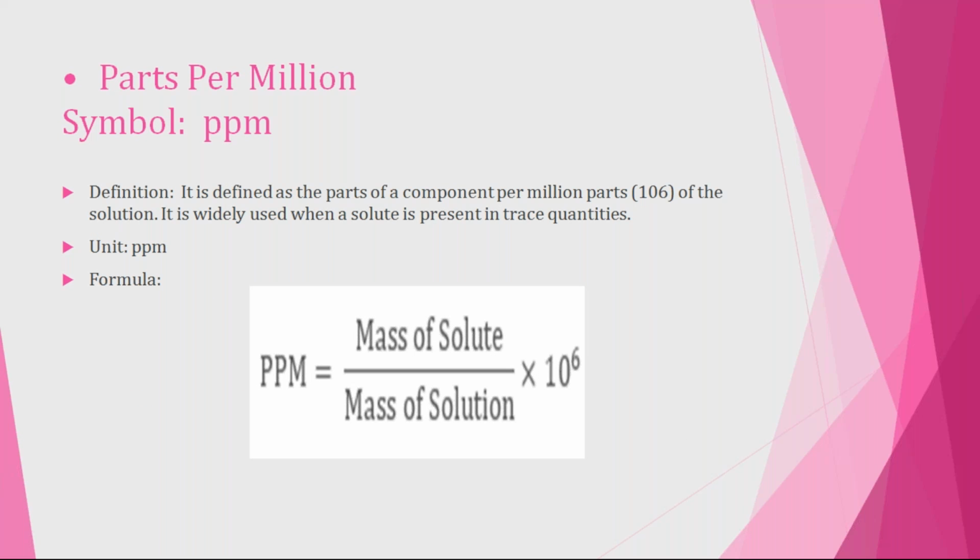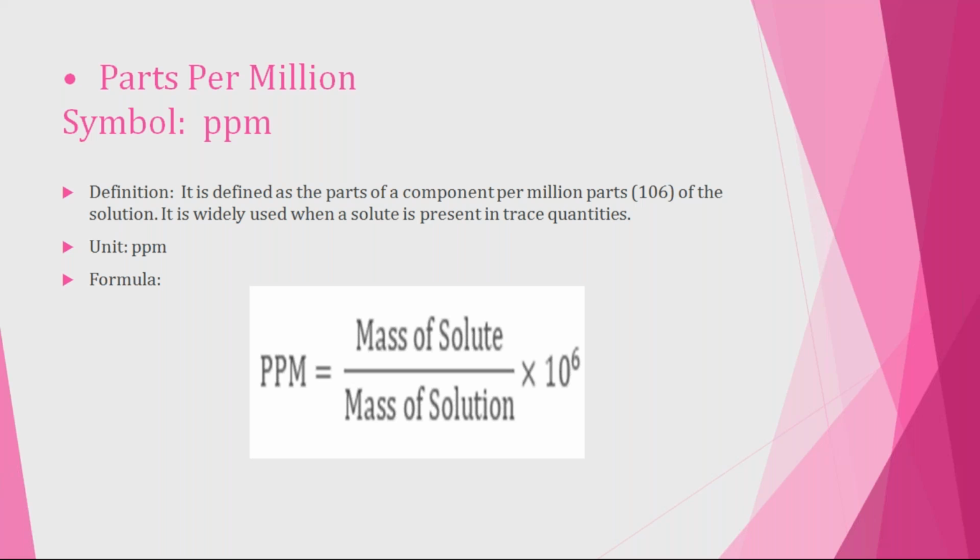Next is parts per million. So the symbol is ppm. ppm stands for parts per million. It is defined as the parts of a component per million parts of the solution. That is actually 10 to the power of 6. It is widely used when a solute is present in trace quantity, especially when you talk about impurities.